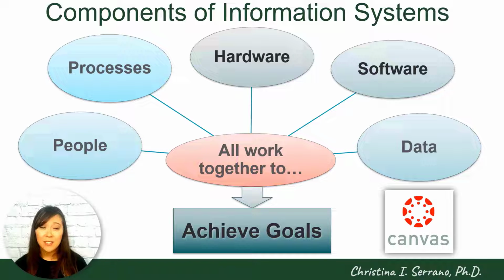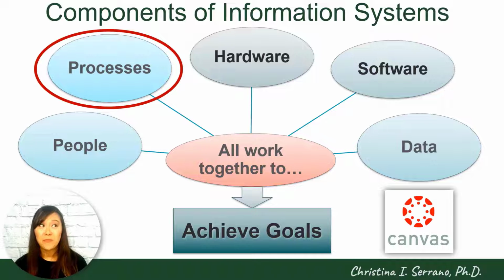The processes involved in Canvas are many, but you engage in different processes in Canvas all the time as a college student, from completing assignments to taking quizzes, just to name a couple of them.